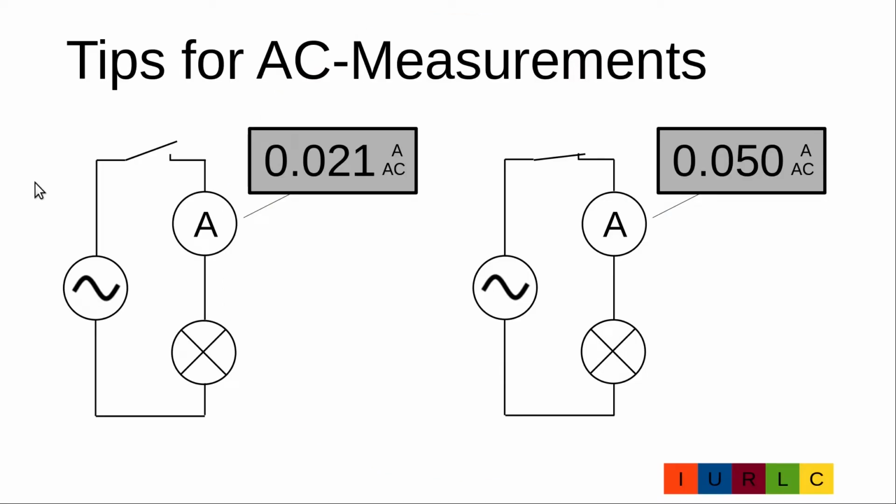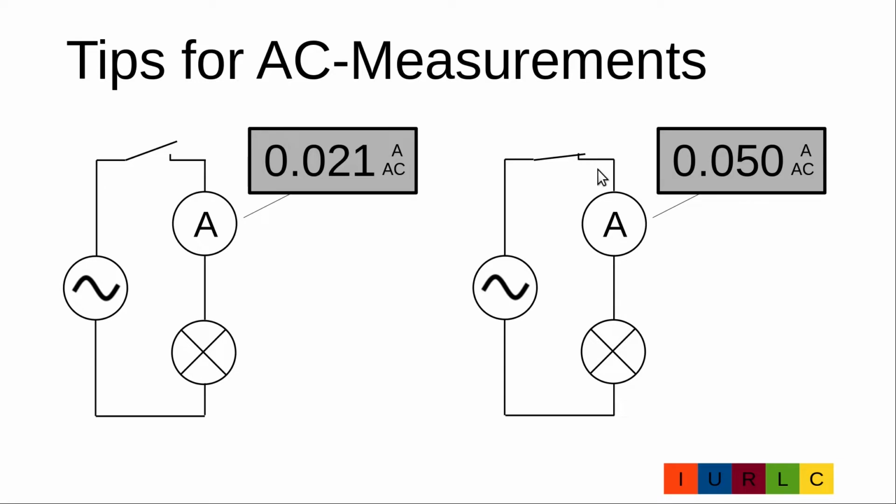In the other video, the link you will find in the description, there was the following measurement. Via a switch and an ammeter, there was an LED lamp connected to the 220 volt power supply line. While the switch was open, the measurement device showed 21 milliamp.